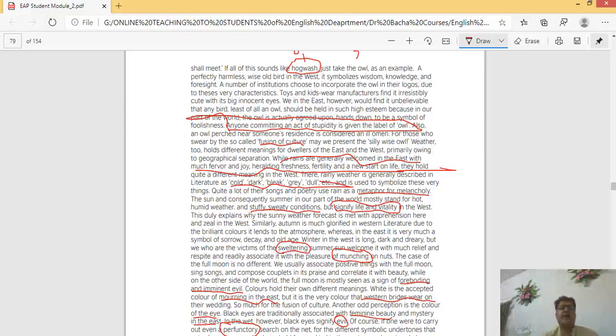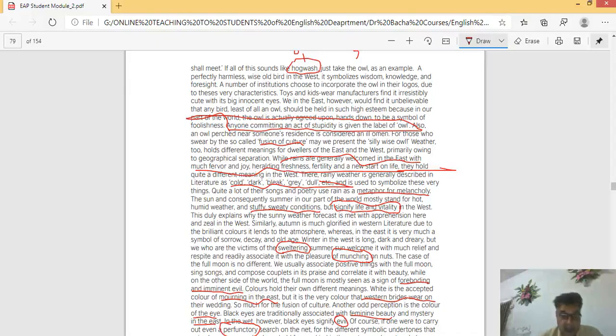It can be used as a symbol for fertility, and it brings happiness. It is generally welcomed in the east with much fervor. Fervor means enthusiasm and joy. Heralding means bringing and telling us of freshness, fertility, and a new start in life.